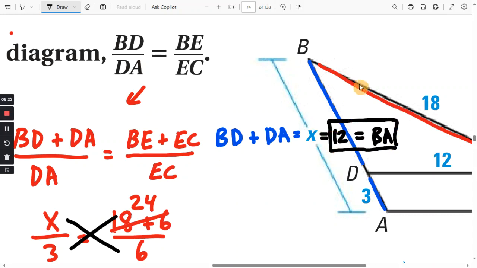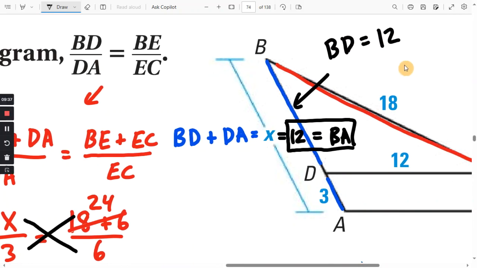And as far as BD, which is this segment right here, that's going to be this whole thing, which we said was 12, minus this piece right here, which is just 3. So BD equals 9.